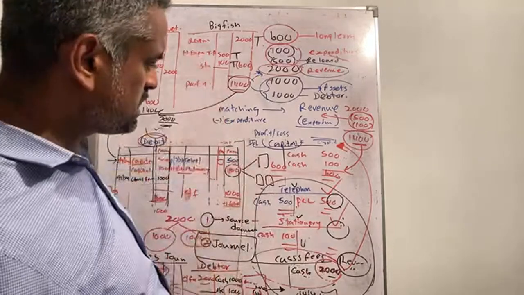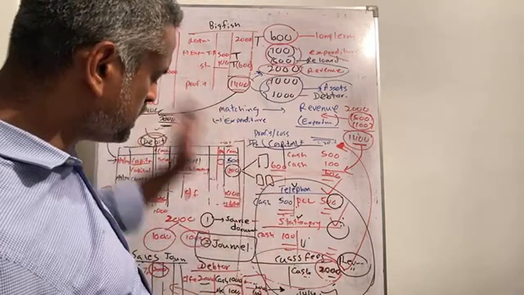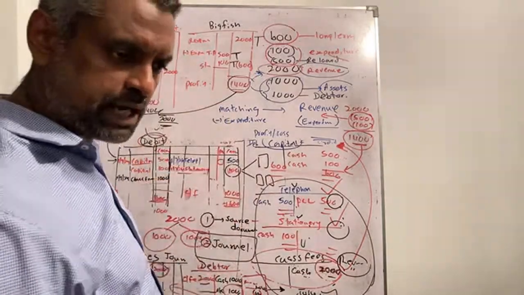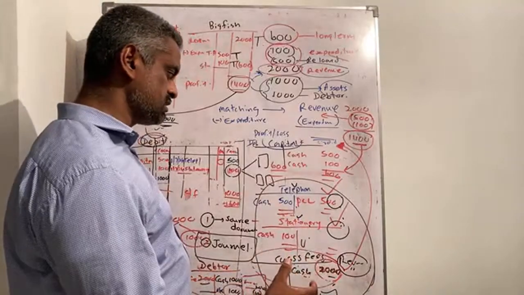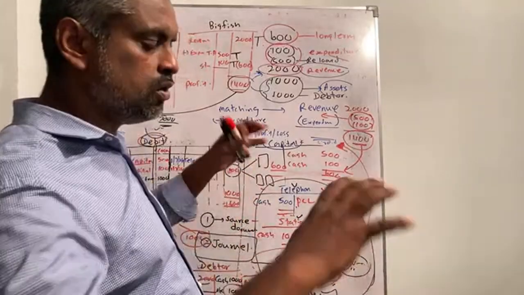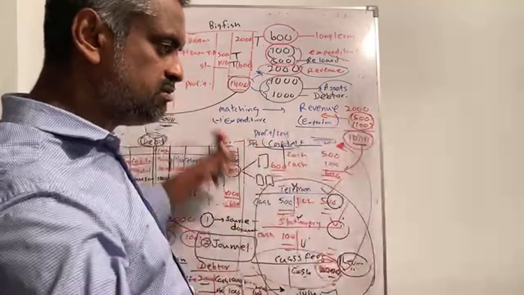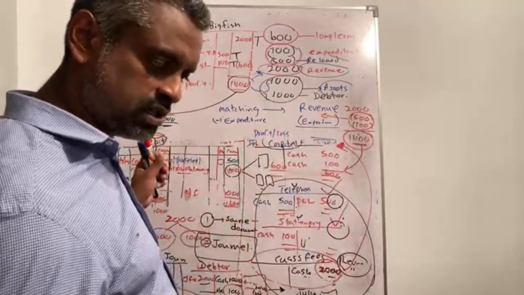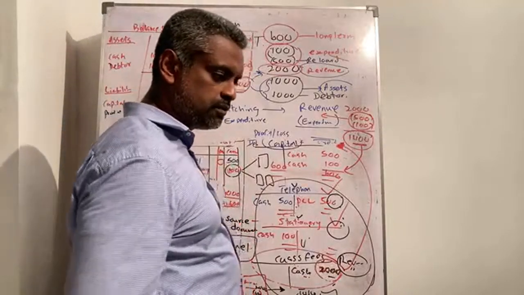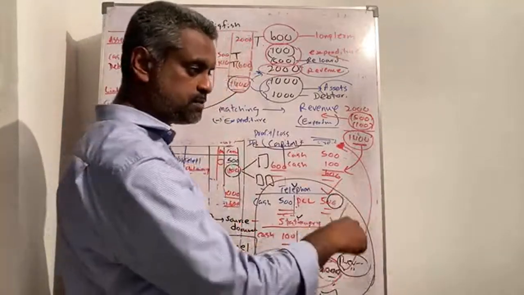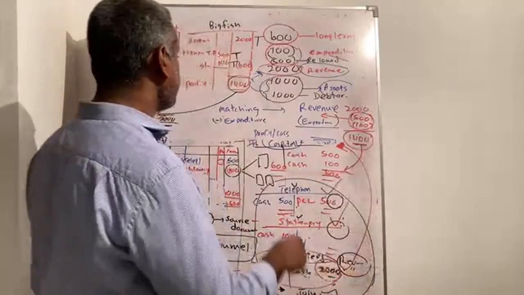Okay, we got this example from the beginning of the business. In practical scenarios, how do you record these transactions, without saying, let's say, the capital invested this much? Not like that. In practical scenarios, you have to take money out of your pocket and spend everywhere.